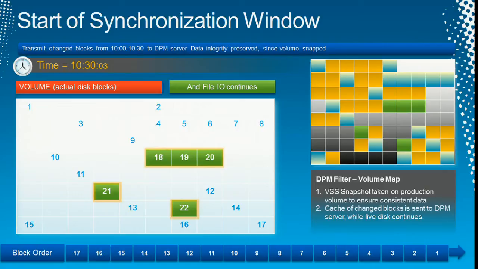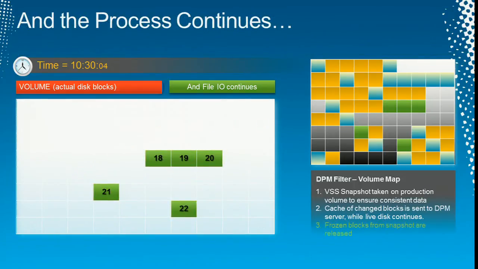It will just not happen on those frozen blocks. And from the moment it gets the notification that everything is cool, we took the backup, you can just continue, the different blocks will be released, and we can continue with our work in the same way. And again, we will have the volume bitmap that will keep the changes.